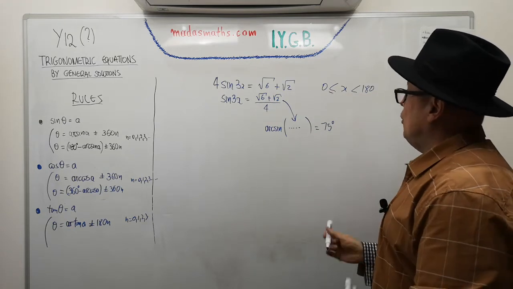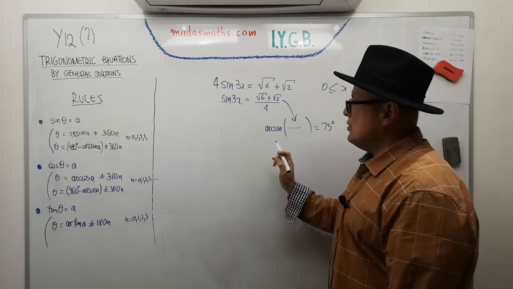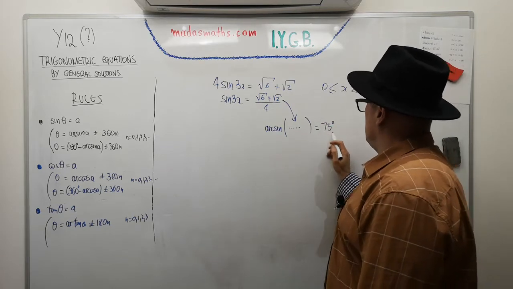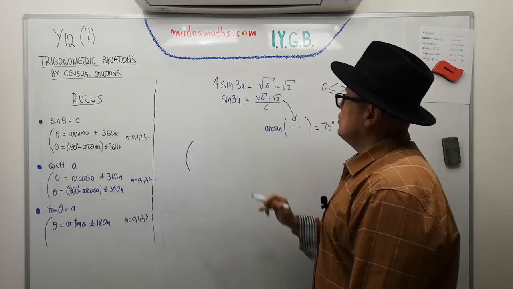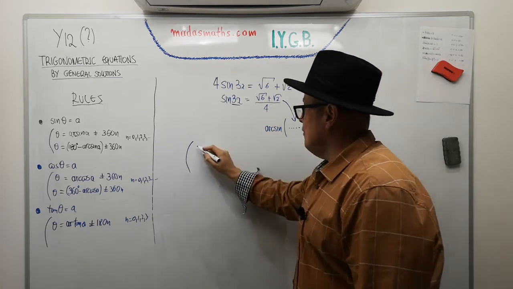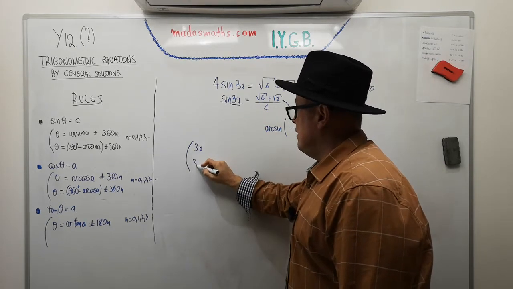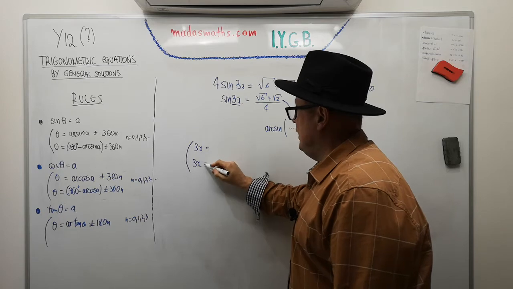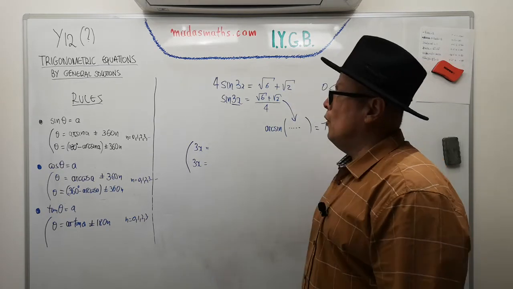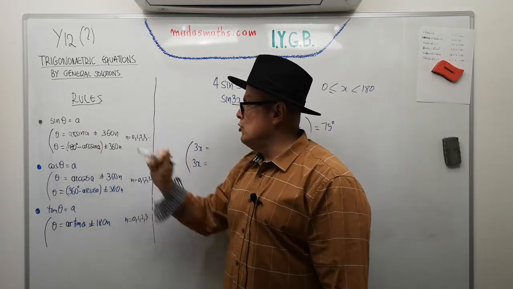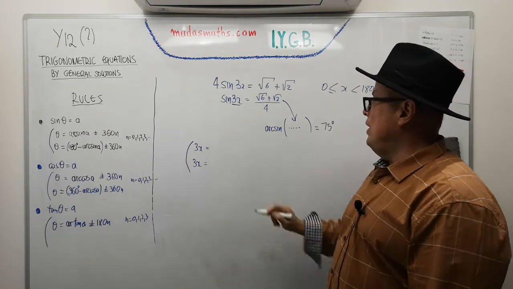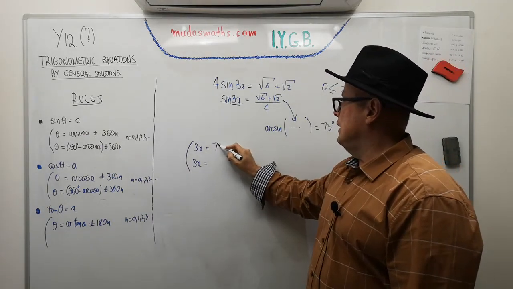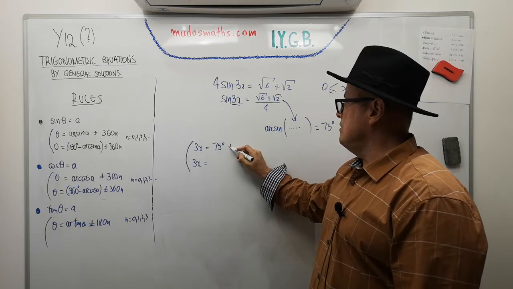Okay, so now we're ready to set up a general solution using this number. It's a sine. What are we inverting? 3x, of course. 3x and 3x equal and equal. We're looking now on our general solution for a sine. 3x, principal value is, of course, always what our calculator gives us, 75 degrees.